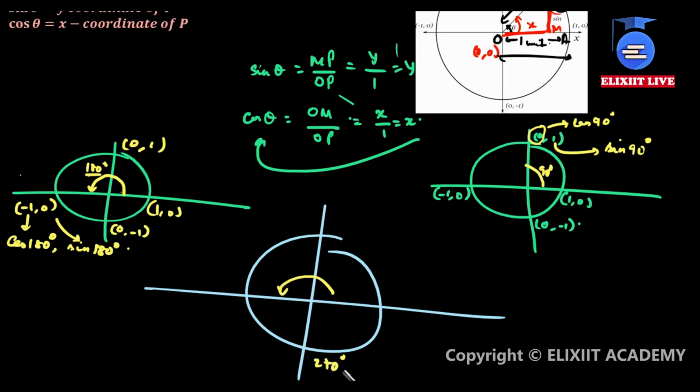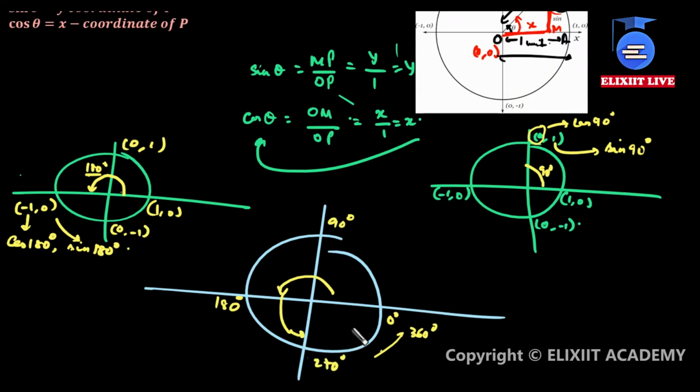Basically, this is 0 degrees, it starts from 0, this is 90, this is 180, this is 270, and then we come back to 360. Then once again we start the rotation. Whatever the angle, we start the rotation once again on a unit circle. This is what we follow when we rotate. Up to here we have 180, and if you travel this much more, this is 270.